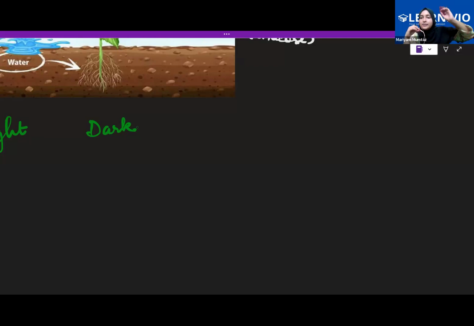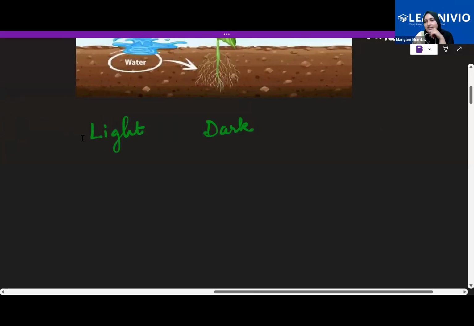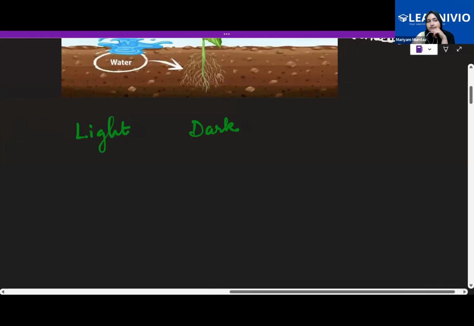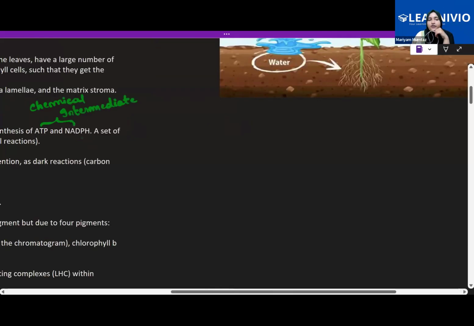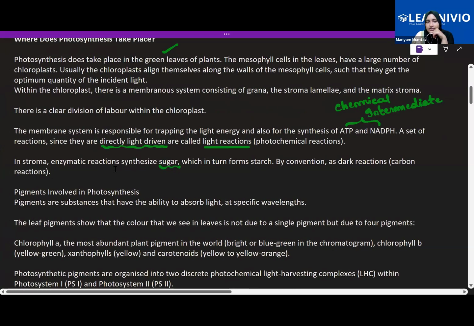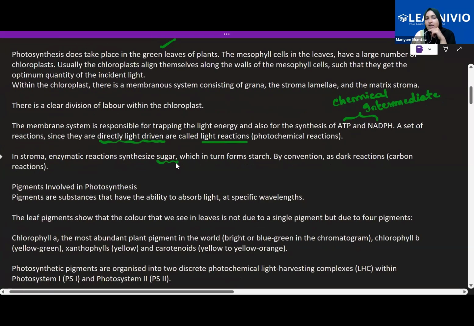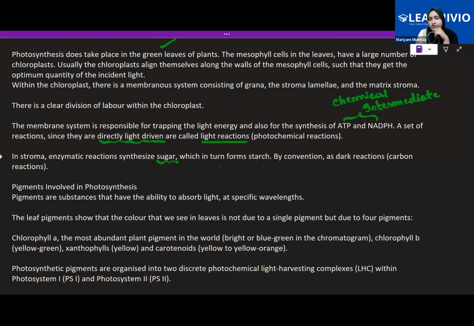During this step, the products that are formed as a result of light absorption, that is ATP and NADPH, are utilized to make the sugar. Clear? Now it is clear? Yeah. Thank you. Okay. Now, when we talk about the dark reaction, here the sugar is synthesized, which ultimately turns to starch for storage purpose.